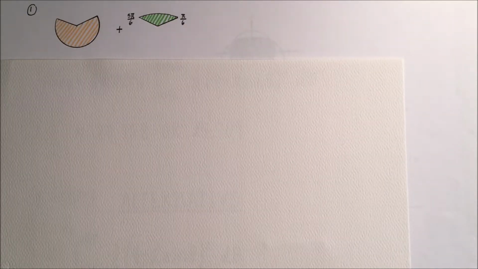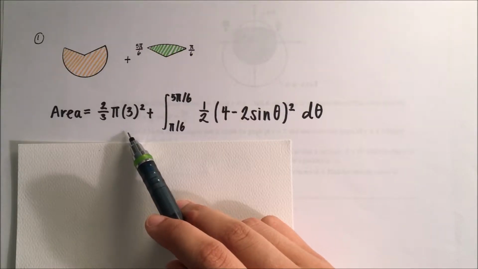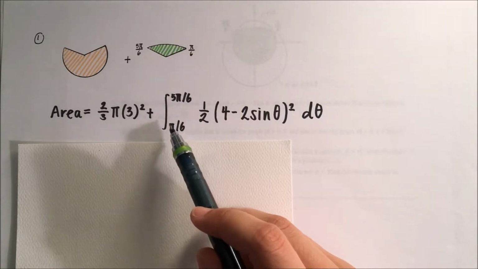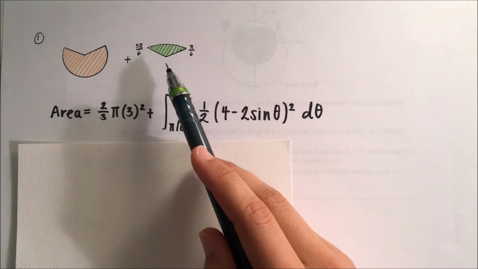Now we can start writing out the expression for the area. So 2/3 of a circle plus the integral from pi over 6 to 5 pi over 6 of the 4 minus 2 sine theta graph.